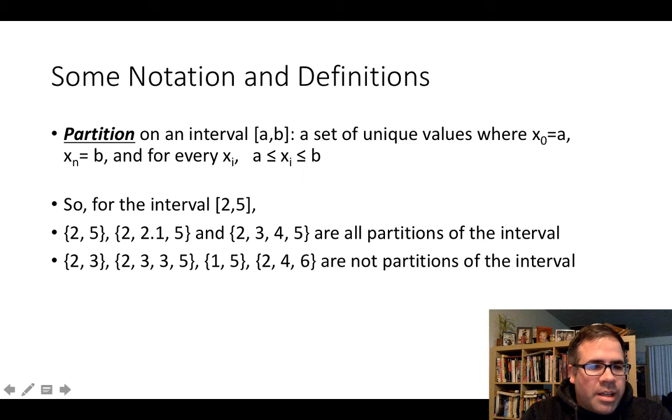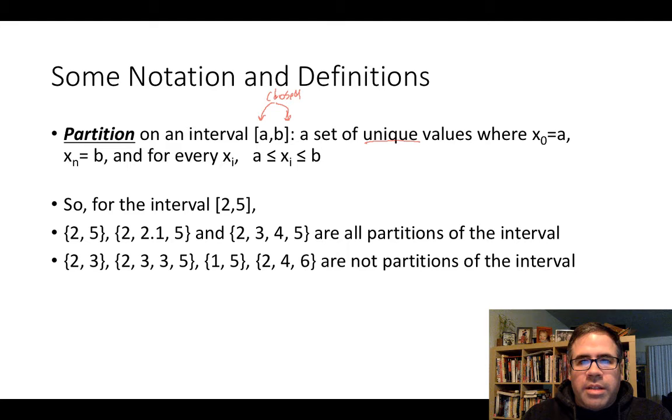So we say that a partition always has to be on a given interval, and the interval always has to be closed. If you remember, closed intervals include their endpoints, so we're always using square brackets to indicate that. A partition on an interval from A to B is a set of unique values.